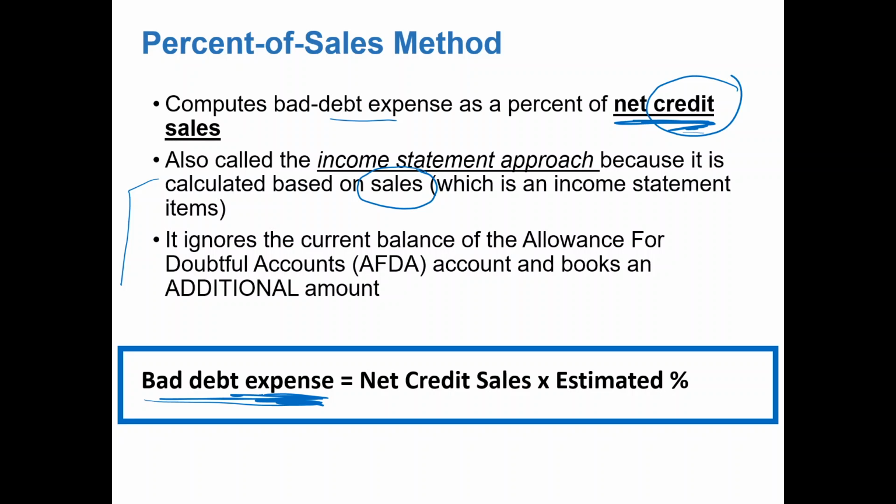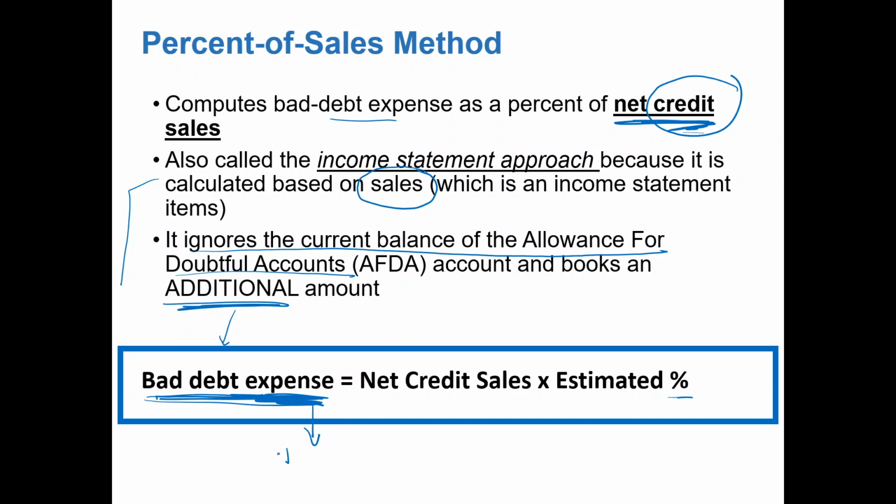When we use percentage of sales method, we're going to ignore the current balance that sits in the allowance for doubtful accounts. So if there's a balance left there from the previous month or the previous year, we ignore that for now, and we're booking an additional amount of bad debt expense on top of that. So to calculate the amount that we book, we're calculating our bad debt expense, and we take the net credit sales times the estimated uncollectible percentage.